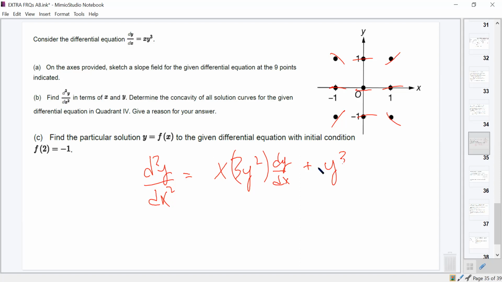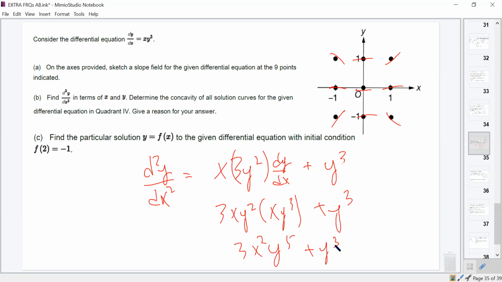And then we have to replace the dy dx with xy cubed. So we have 3xy squared times xy cubed plus y cubed, which would become 3x squared y to the 5th plus y cubed. Then they're asking us about concavity for quadrant 4.